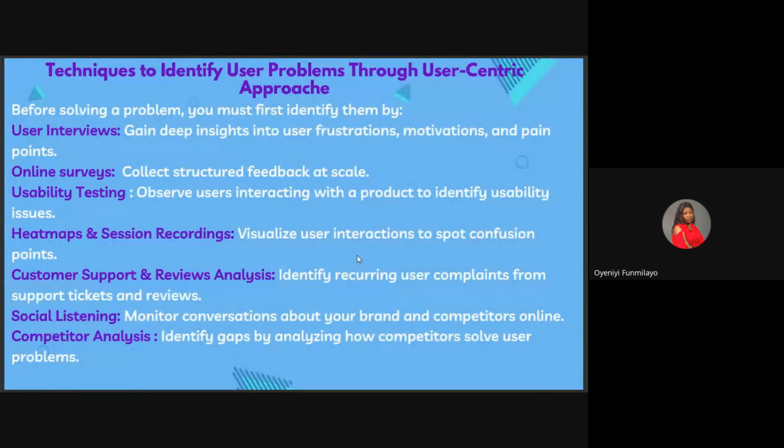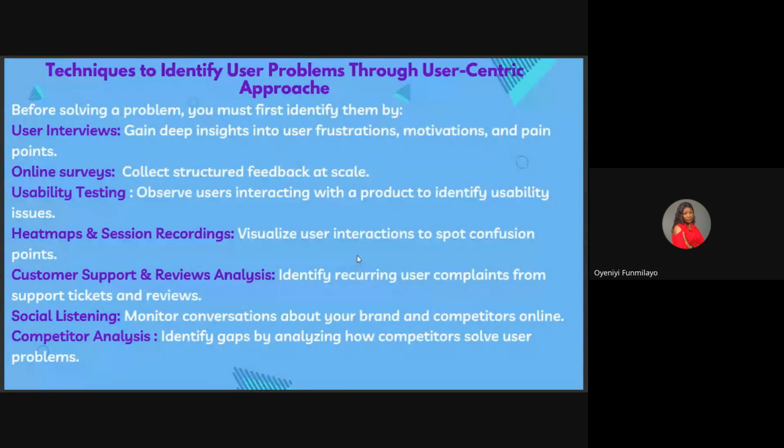So usability testing, this is another way to observe user problems. With this one, you observe users interacting with a product to identify usability issues. Exactly. Somebody said she could not navigate the GT app. One thing these people do is sometimes they call random people, and I'm sure they did.